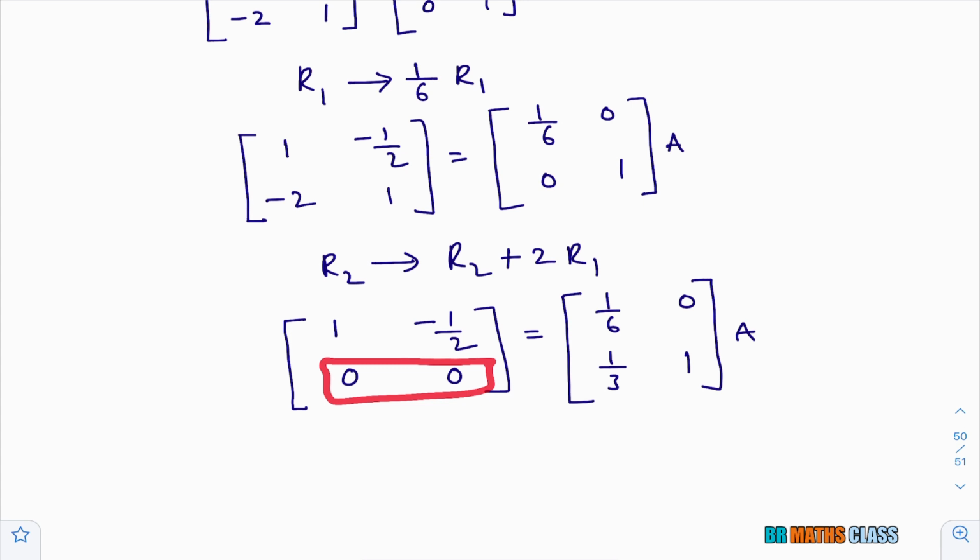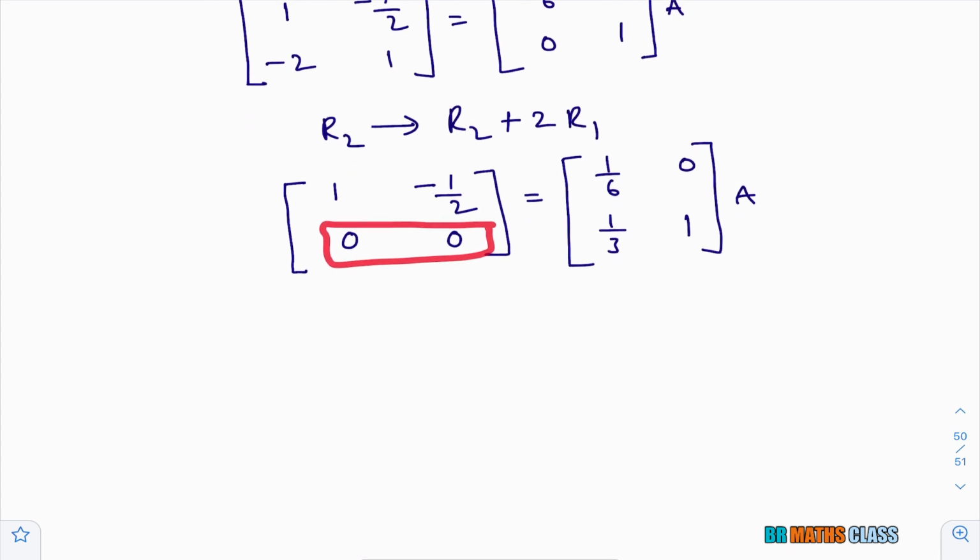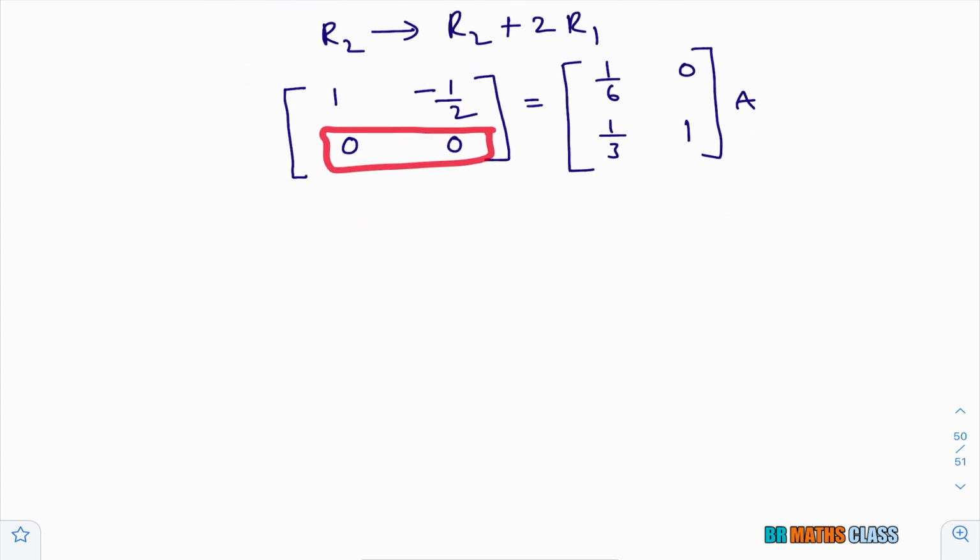You will learn more clearly about the inverse of a matrix in the determinant chapter, but in this chapter this knowledge is enough. While finding the inverse of a matrix by using elementary row operations, if all the elements of any row are 0, then we say that the inverse of a matrix does not exist.